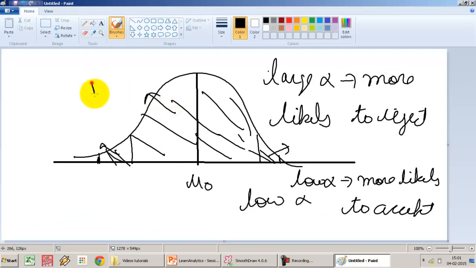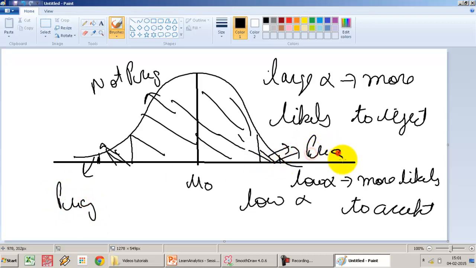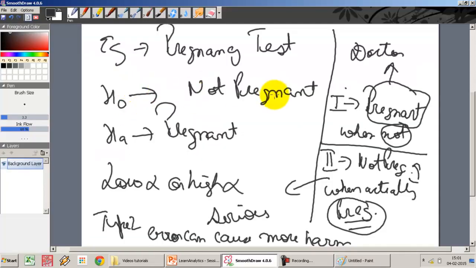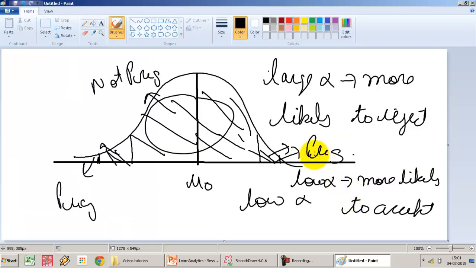So this is the not pregnant region and this is the pregnant region. Rejection tells me that the person is pregnant, and acceptance of the null hypothesis tells me I'm not pregnant. So which error is more likely to cause a problem? When I commit a type 2 error, when I say not pregnant when actually pregnant. So when does not pregnant happen?